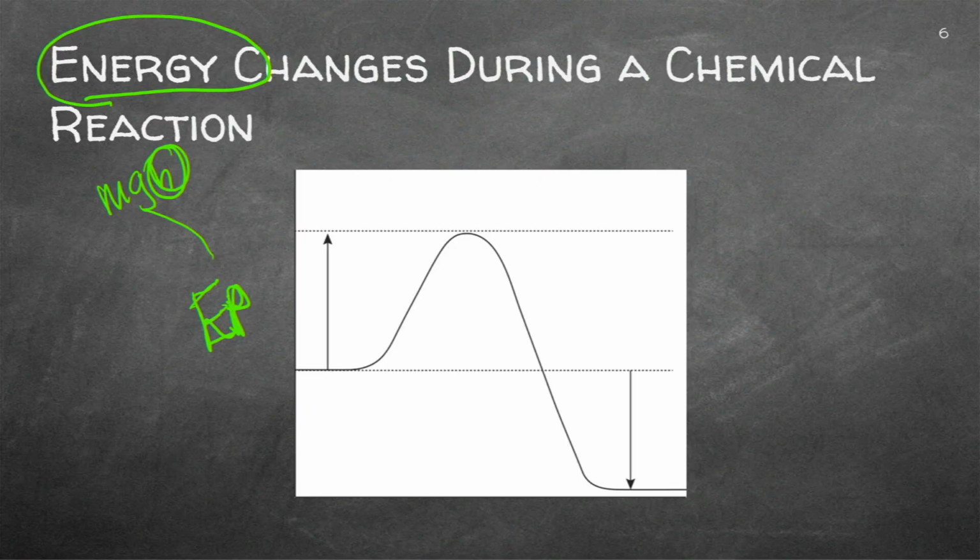The distance is a part of the variables in the potential energy. So here I start with the reactants with a certain amount of energy. I then add, can you remember what this energy is? The activation energy. So I add that.